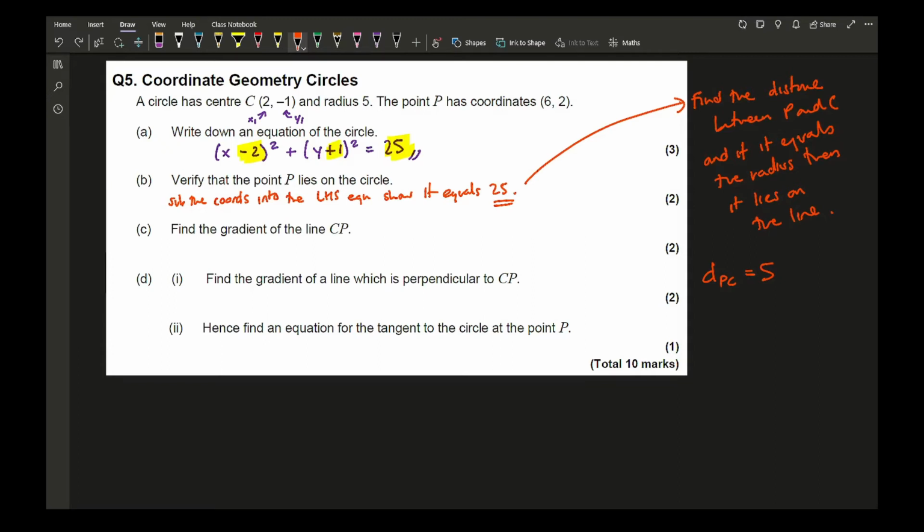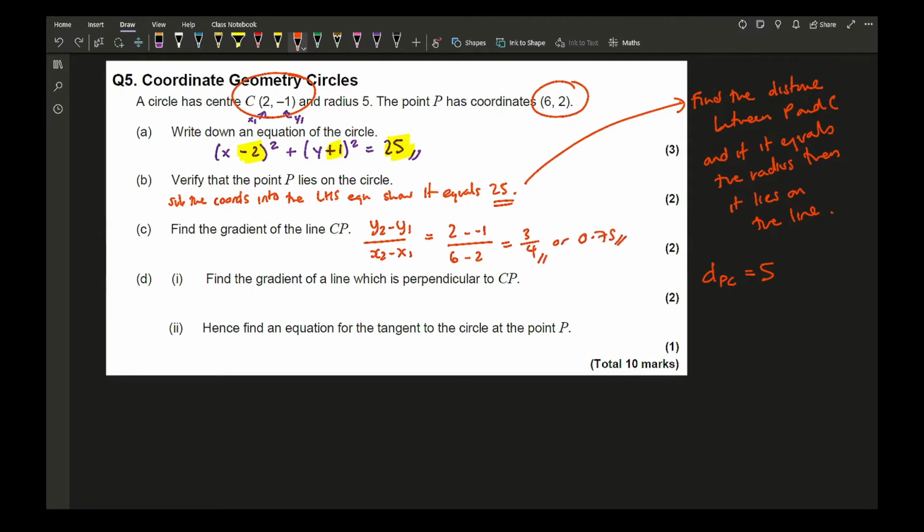Now in terms of working out the gradient of CP, we've got our coordinate of P, C is here, and so all you need to do is use the formula of y2 minus y1 over x2 minus x1. And if I substitute that in, I should get 2 minus 1 over 6 minus 2, which gives me 3 over 4, or 0.75.